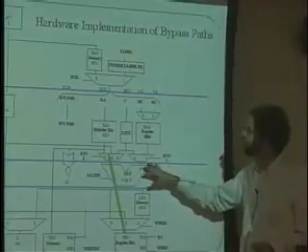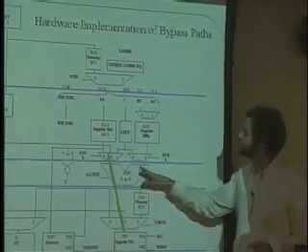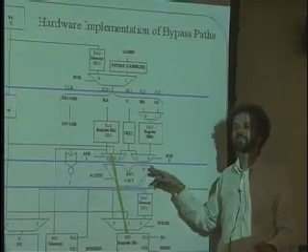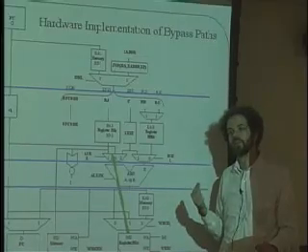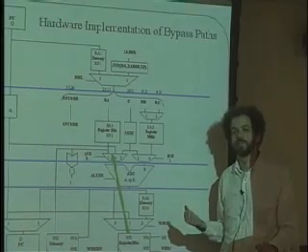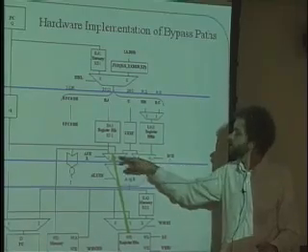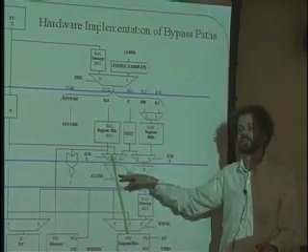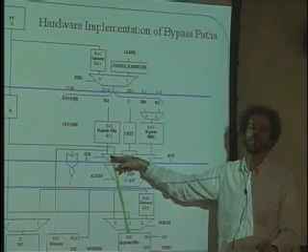Let's think about this some more. Why are we doing all the bypassing on this input to the ALU? The answer is that the ALU is where we actually have to commit to using the data. Once we've done a calculation with a data value, it's no good if we've used the old one, right? We can't do it again. So here's sort of our last chance to get it right. We're about to go into the ALU with a value from the register file.